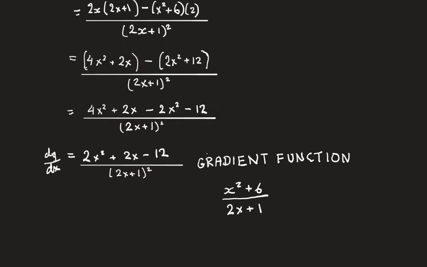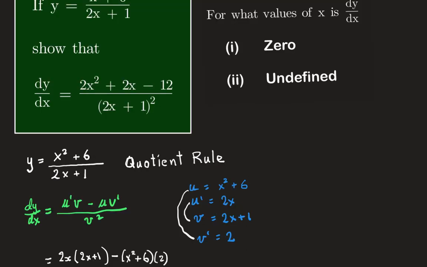And this gradient function is able to tell us the slope of the original function at any value of x, and to find out at what value of x that slope will be 0.